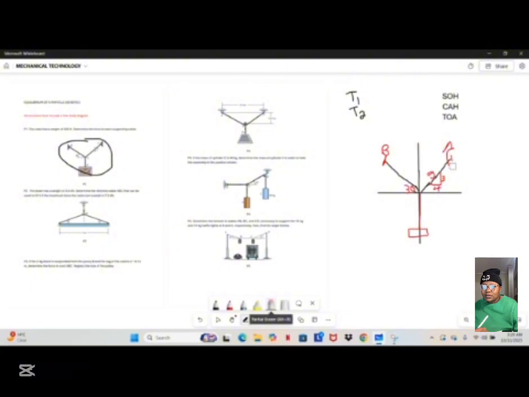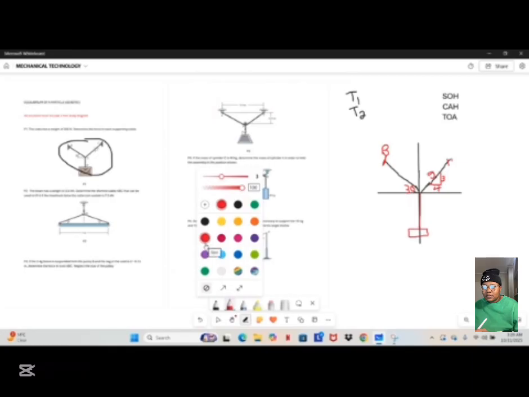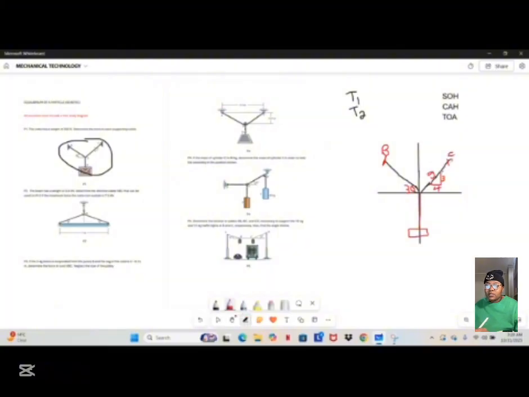Oh no, it's not named A, it's actually named C. Okay, let's remove this. I managed to remove half of it because I cannot remove everything, it's like I'm erasing the whole thing.